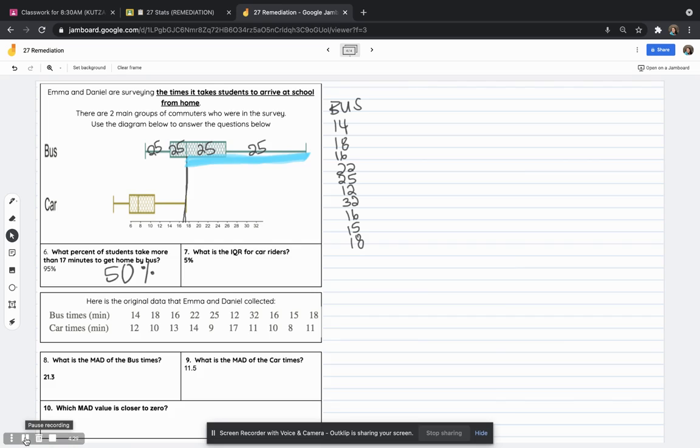So I'm going to add all those numbers up, and then I'm going to divide by 10 because there are 10 numbers there. So when I add those up, I get 188. I divide that by 10, and that gives me a mean of 18.8. So now I'm going to fill that in for my second column here.